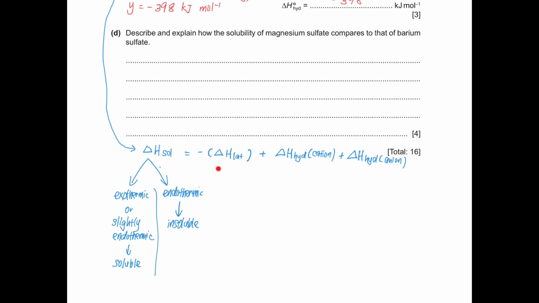Because of a negative in front, it will change this first term to become a positive value. Why does it become a positive value? Just imagine, like what I said just now, lattice energy is always exothermic, and hence it is a negative value.